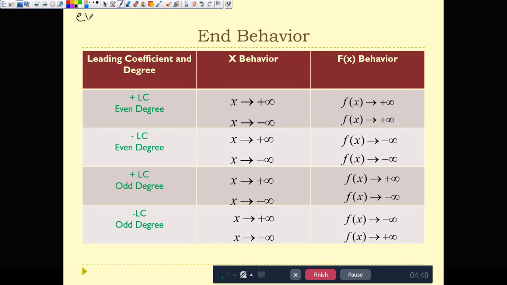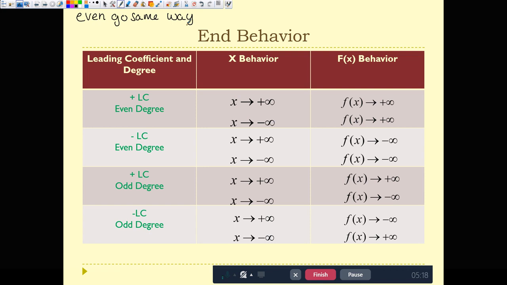So even goes the same way. Okay, and then odd degree. If it's a positive leading coefficient and an odd degree, as x goes to positive infinity, it's going to also go positive. As it goes to negative infinity, it's going to go to negative infinity. So it's going to be kind of like a positive slope. But there are going to be turning points in the middle.